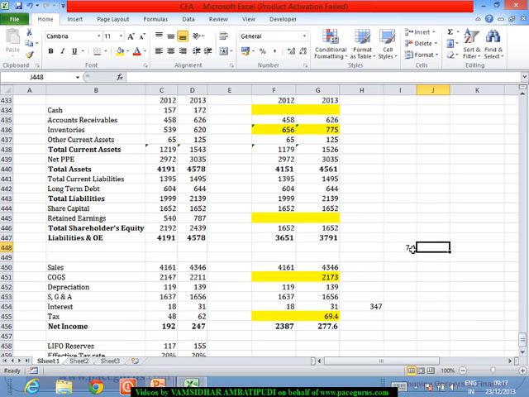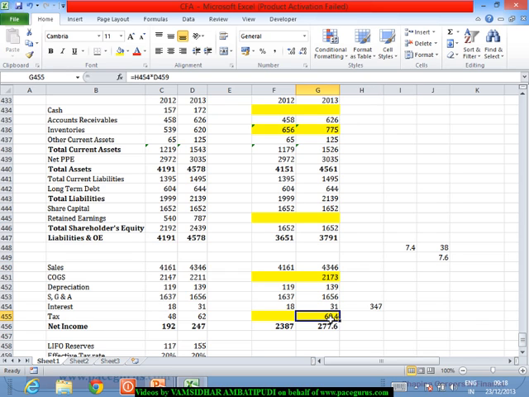Whatever was the difference in the LIFO reserves, 38, I am simply looking at 20% of that 38, working out to 7.6. I think here the difference is to the extent of 7.6.